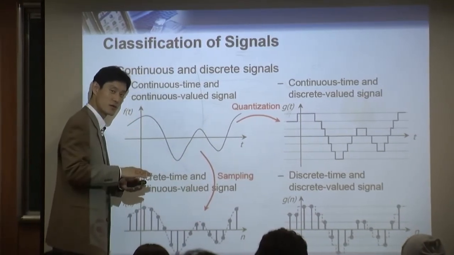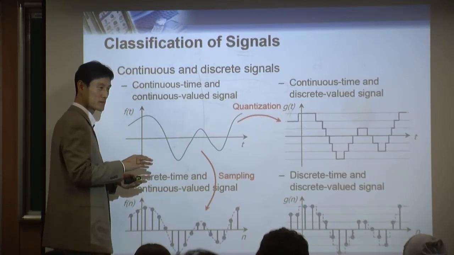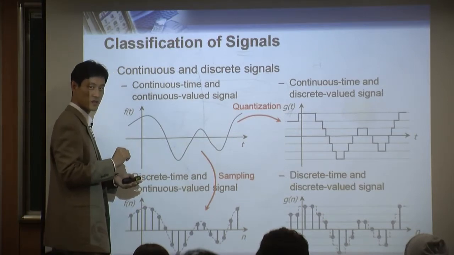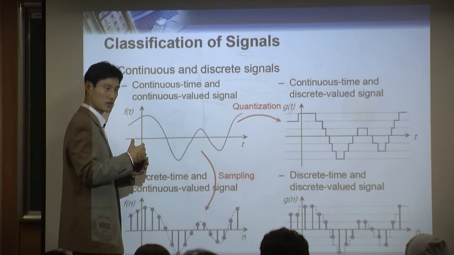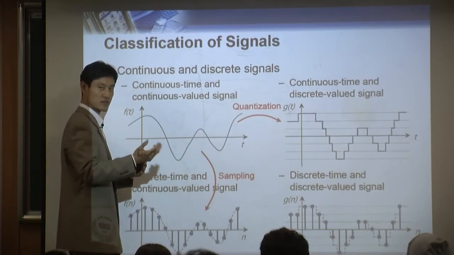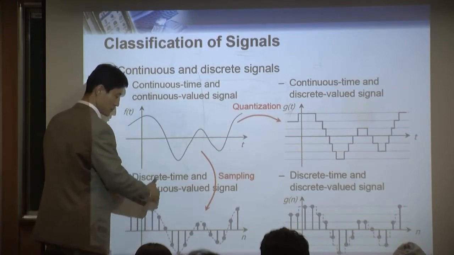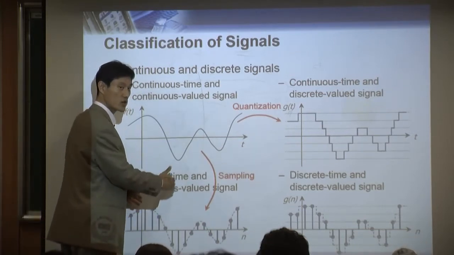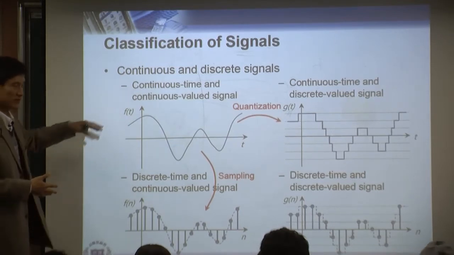Complexity is low, but there is a problem. What's the problem? You lose information. Or in other words, what is the word that you typically use? Aliasing. So if you sample too slow, you're going to have an aliasing problem. We'll see that in the next slide.